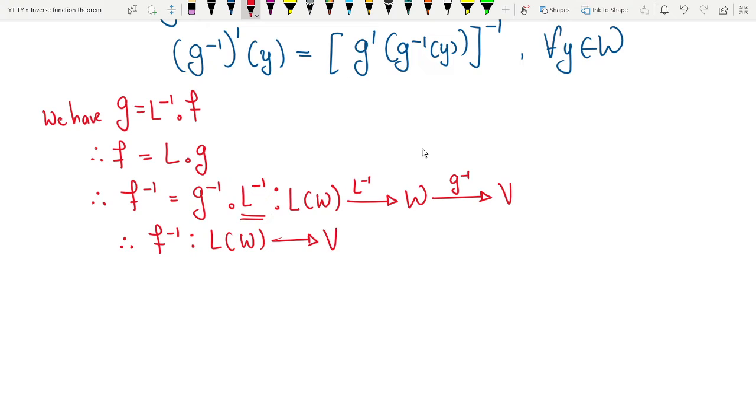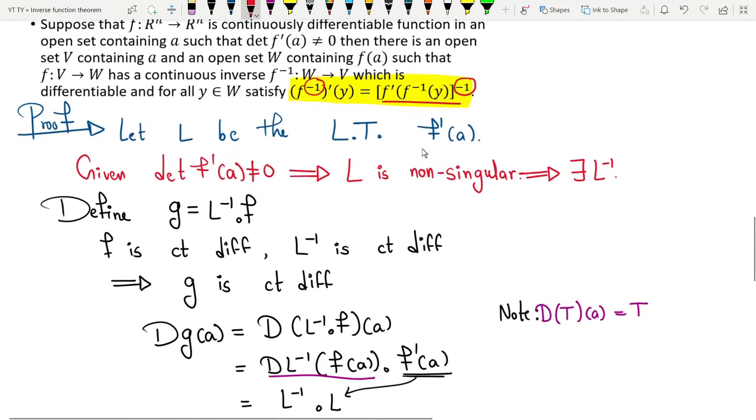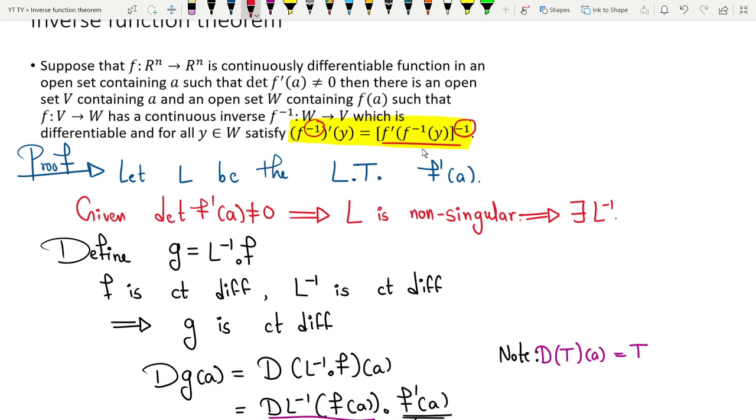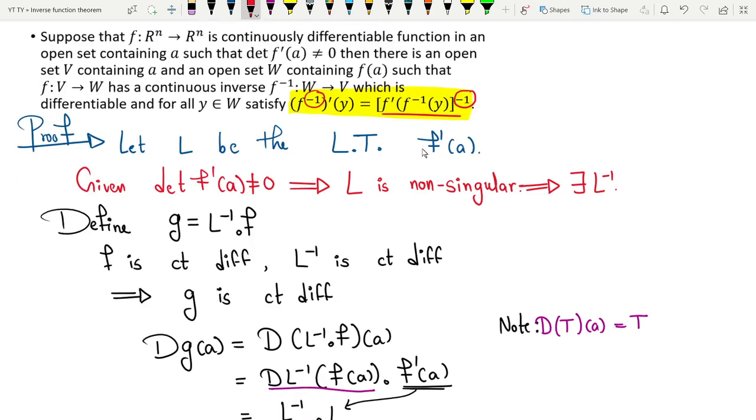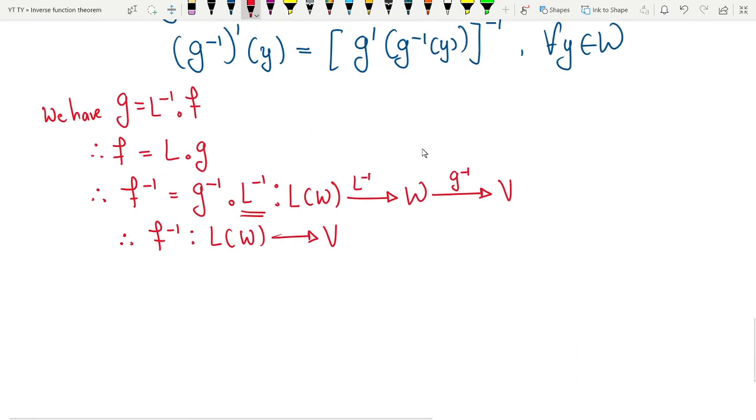Right. So we found the neighborhoods LW and V. Now the part to prove: in the theorem we wanted to prove f inverse exists. Is it continuous? That is something we need to check. Now since my linear transformations are differentiable, differentiable implies continuous.